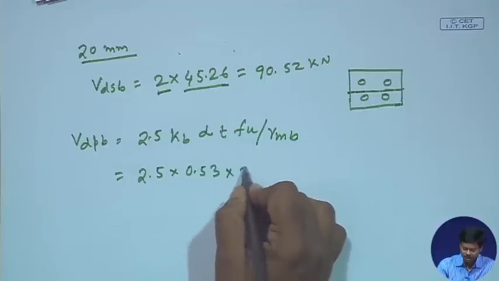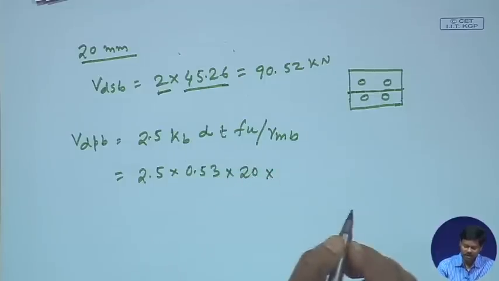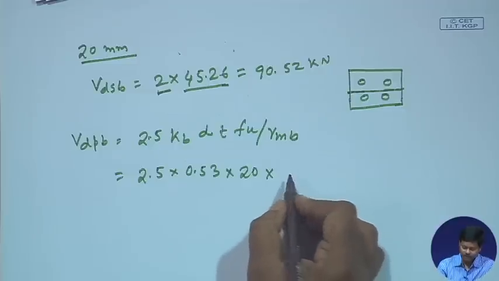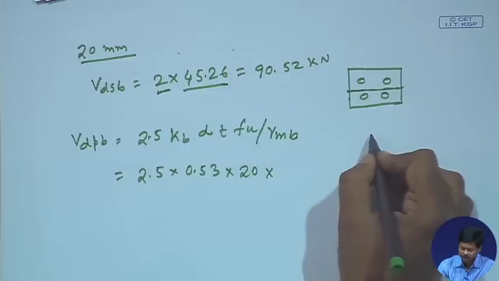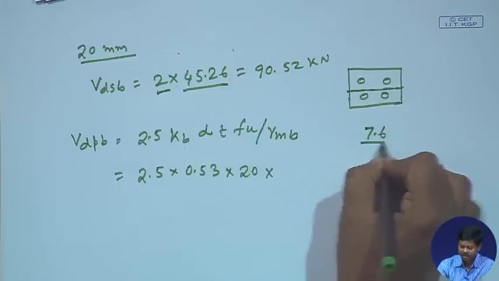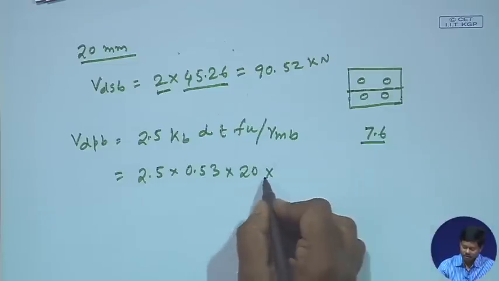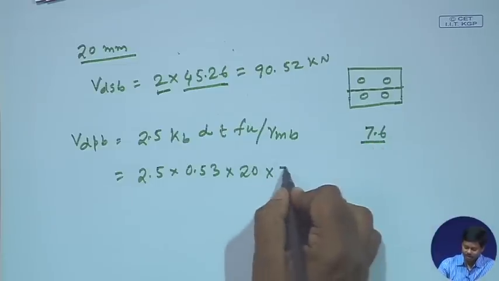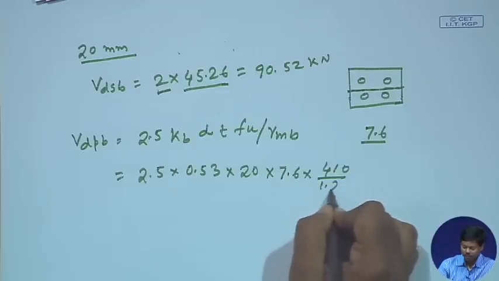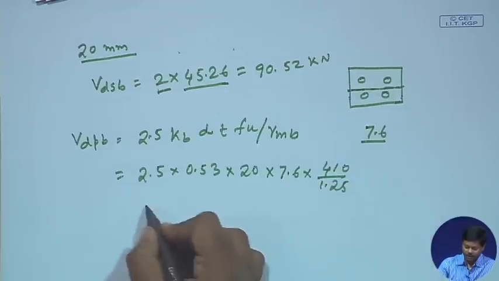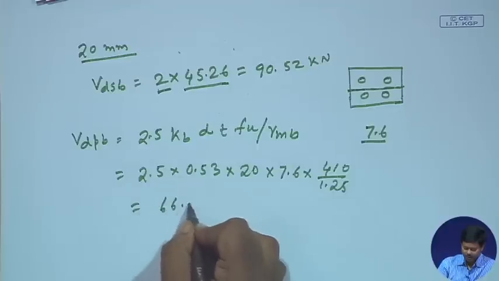d is the 20 mm diameter bolt and t is the thickness of the plate. Here the thickness will be that of the smaller plate. The web thickness is 7.6, right, so the smaller one is 7.6. So 7.6 into 410 by 1.25, right, and that will become 66.06.